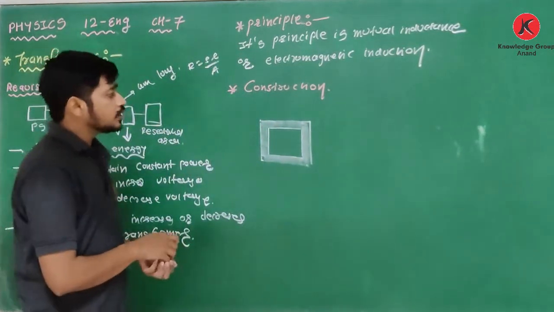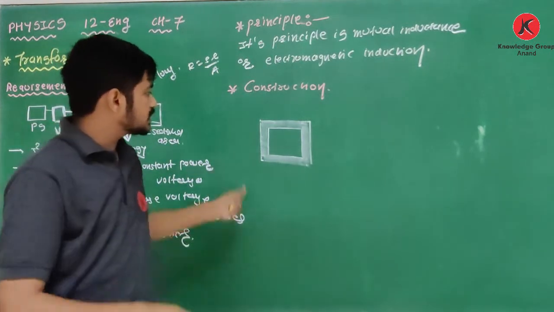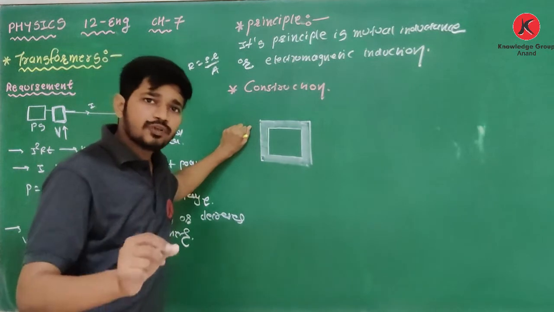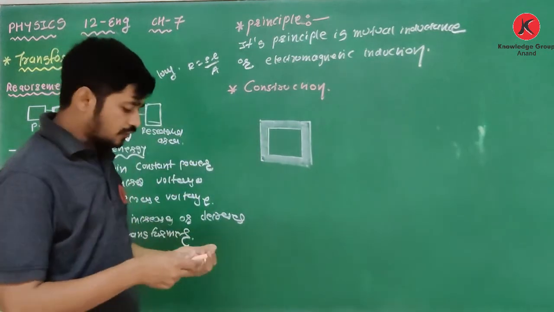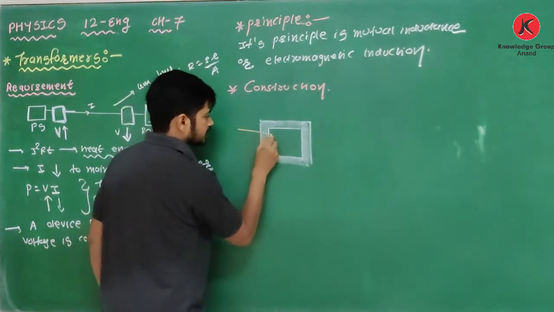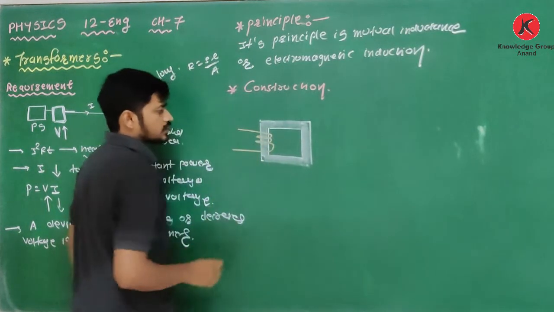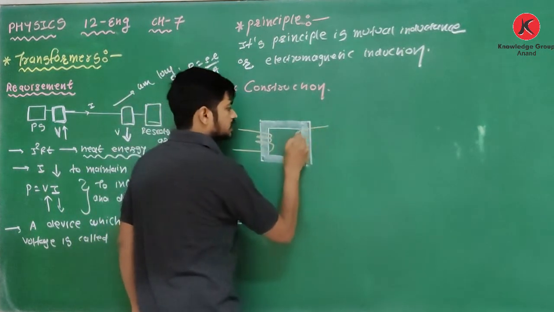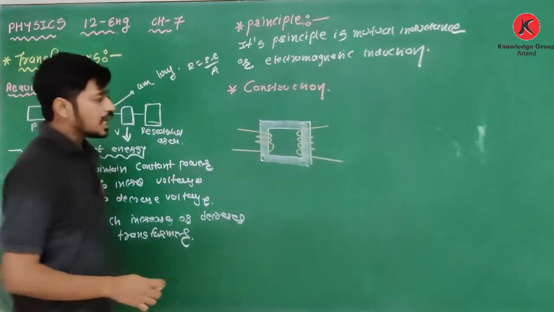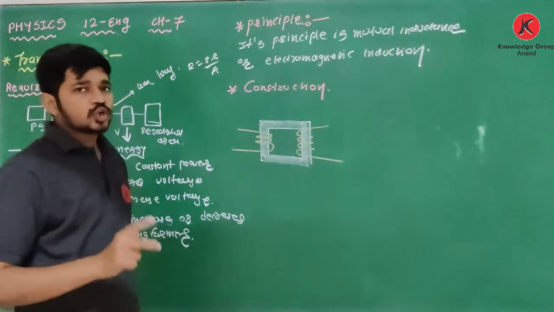Why make such an arrangement in terms of layers? A laminated board, to reduce the effect of eddy current. Now, on one side, one coil is wound. On another side, another coil is wound. So in a transformer there are two coils.